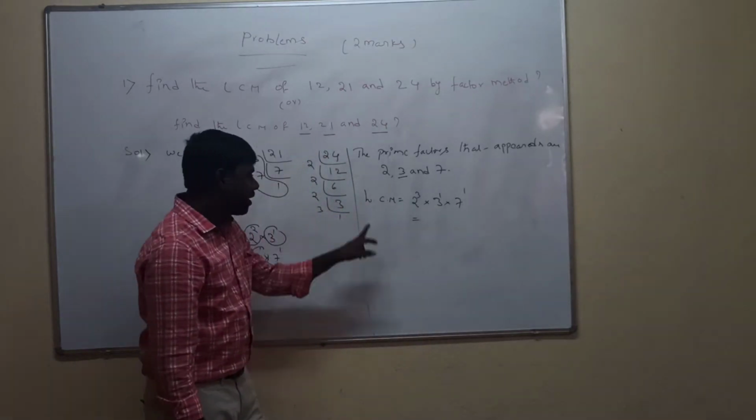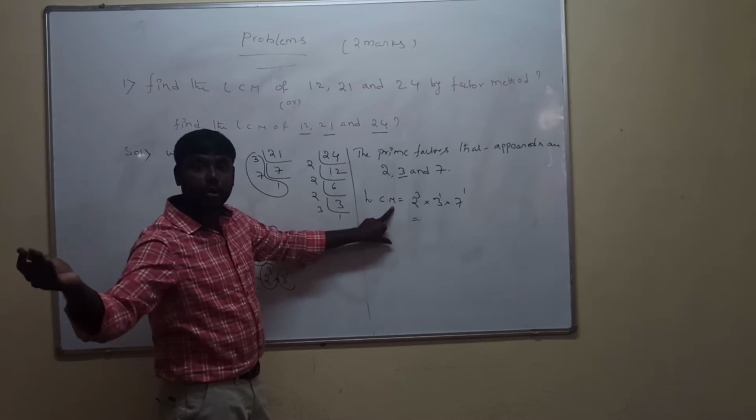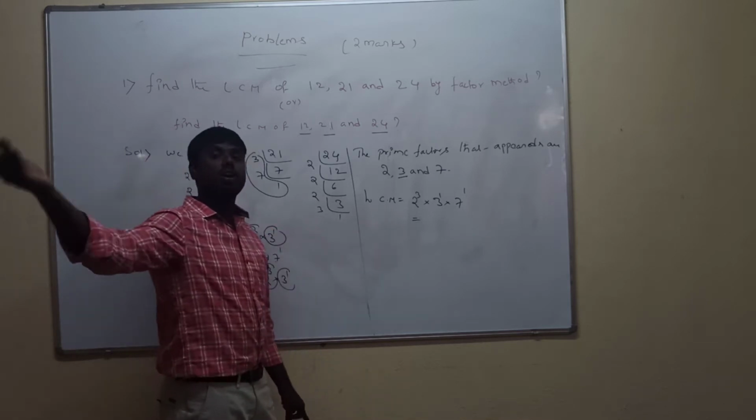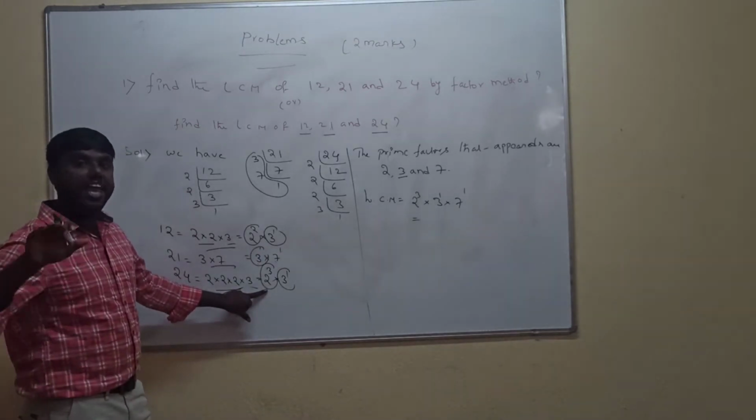Everyone understood? Then the LCM is equal to the product of the highest power of all the factors, which means for every element you should write the highest power.